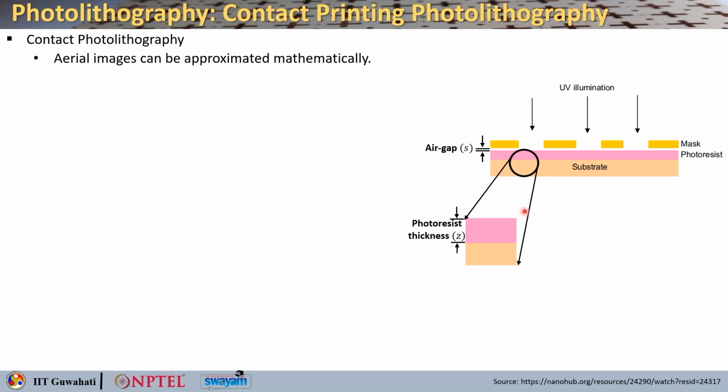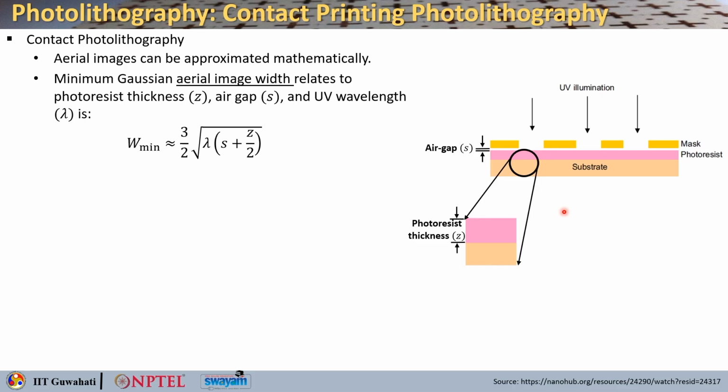The aerial image can be approximated mathematically. The minimum Gaussian aerial image width can be related to the photoresist thickness Z, the air gap thickness S, and the UV wavelength lambda being exposed.